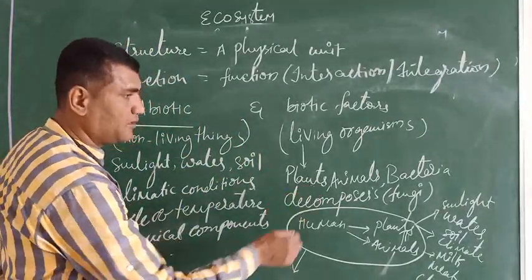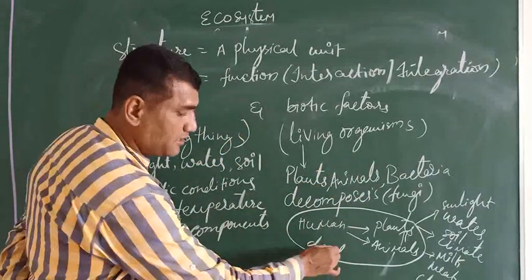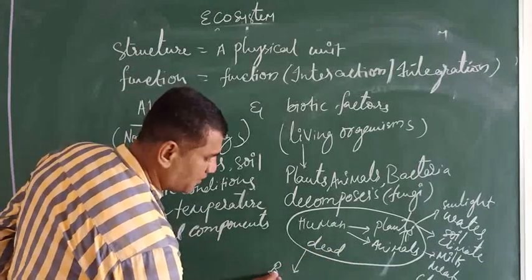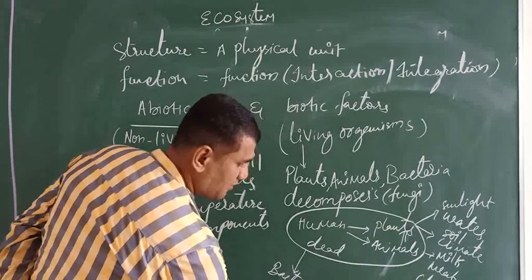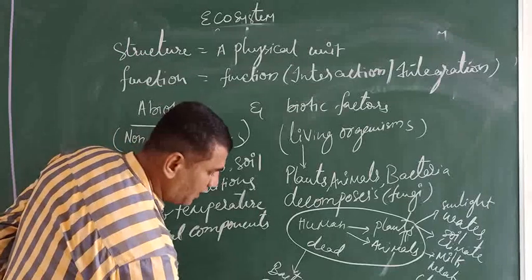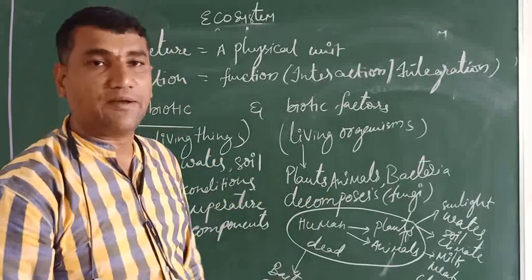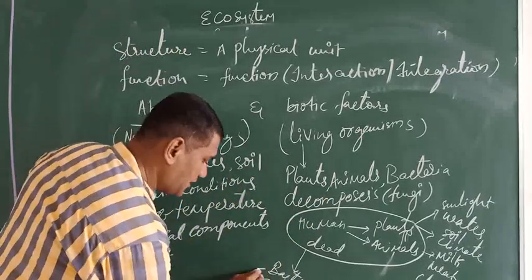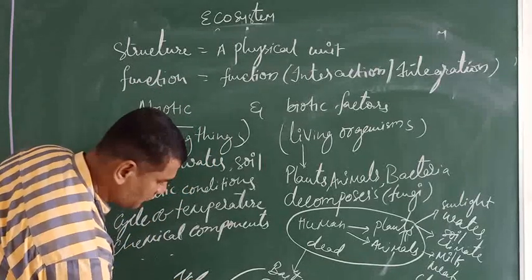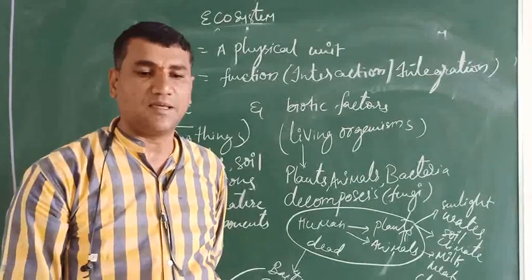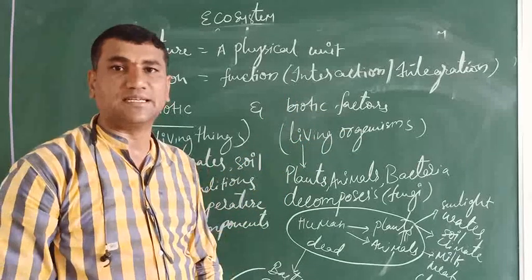The decomposers depend on the dead bodies of animals and the dead matter in the soil: bacteria, fungi and earthworms. They convert them into nutrients. So this is how the integration is taking place.